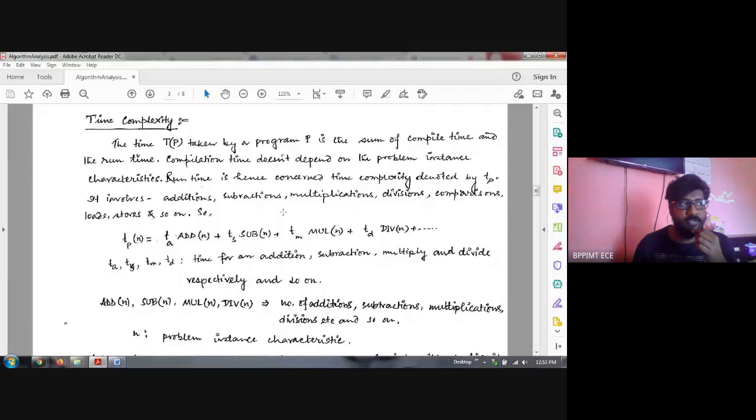Engineers pre-plan everything before launching their product, or algorithm. Before finalizing the algorithm implementation, I have to analyze my method, my logic. So algorithm analysis means the program implementation is not yet done.